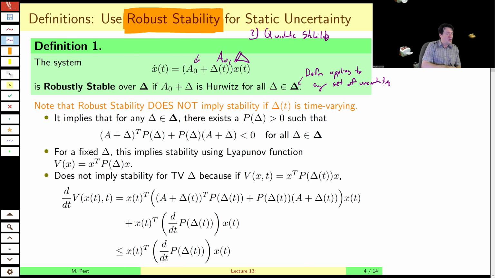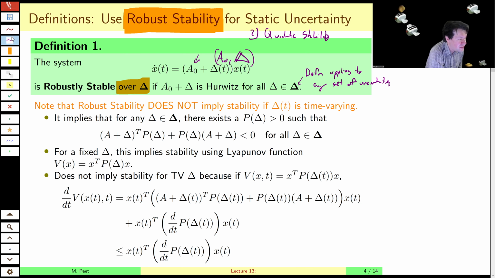So we say that the pair A and delta is robustly stable, or stable over delta. And if we don't say over what set, the term robust stability has no meaning. So it's robustly stable over delta if A plus delta is Hurwitz for all delta in delta.